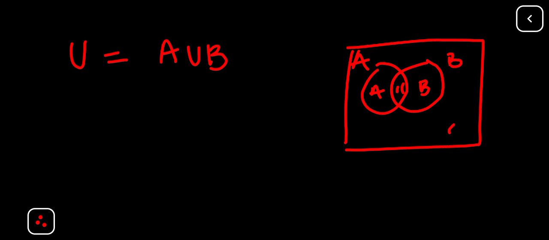No other element here, here, or anywhere. Everything inside here is universal, making A union B equal to the universal set.